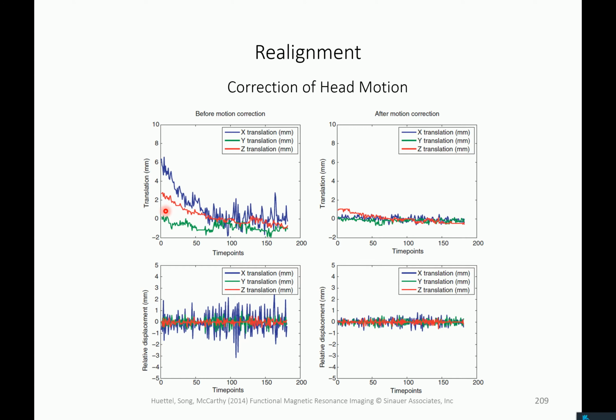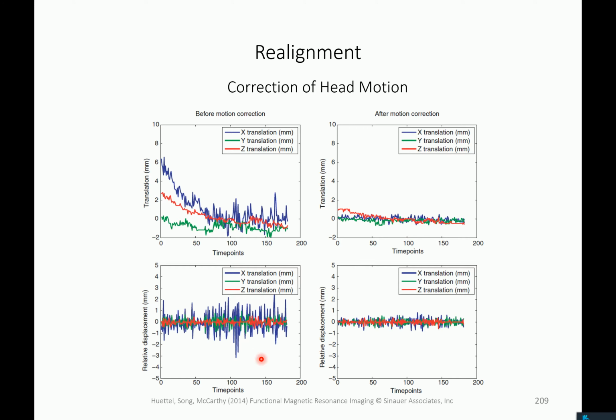Then after motion correction, if you again try to estimate the parameters in terms of translation, they are much lower. So that means that the algorithm is at least self-coherent. First it estimates this movement, then you reslice so that this movement shouldn't be there anymore, and afterwards it doesn't measure that much movement anymore.